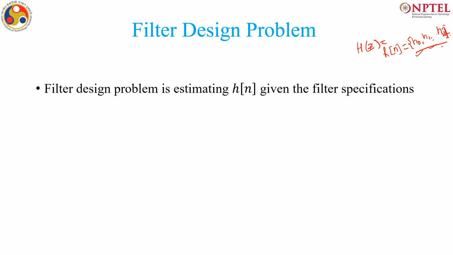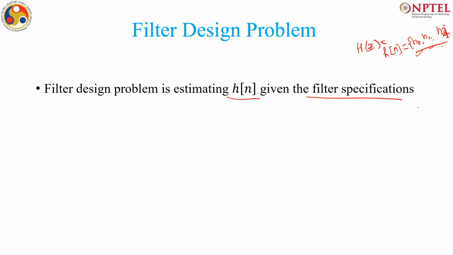So the filter design problem is estimating your h(n) given the filter specifications. And what are the filter specifications? When I say filter, I need to keep one range of frequencies and remove the other range of frequencies.